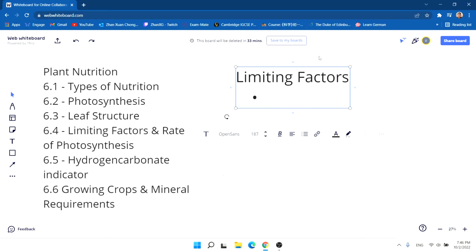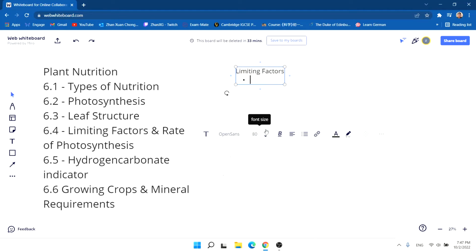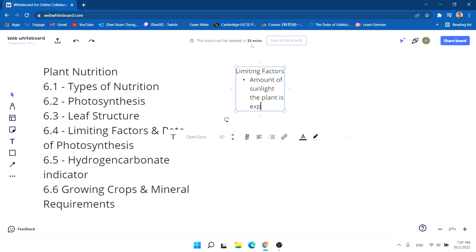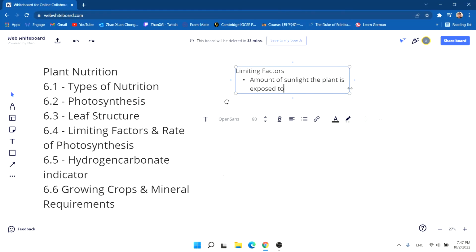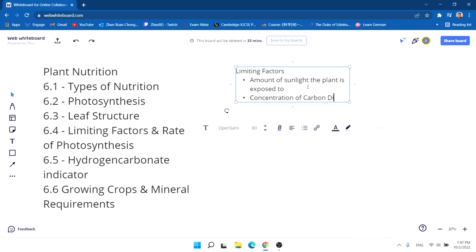Limiting factors is basically the amount of sunlight the plant is exposed to, and it also considers the concentration of carbon dioxide and also the optimum temperature.